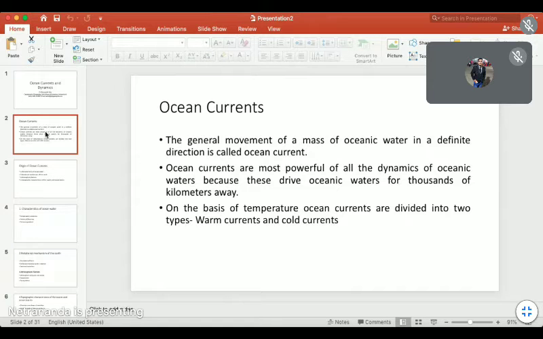Maybe no. So I think all these phenomena, like El Nino and La Nina, were investigated around the early 1970s and properly documented through different publications. Then we came to know.